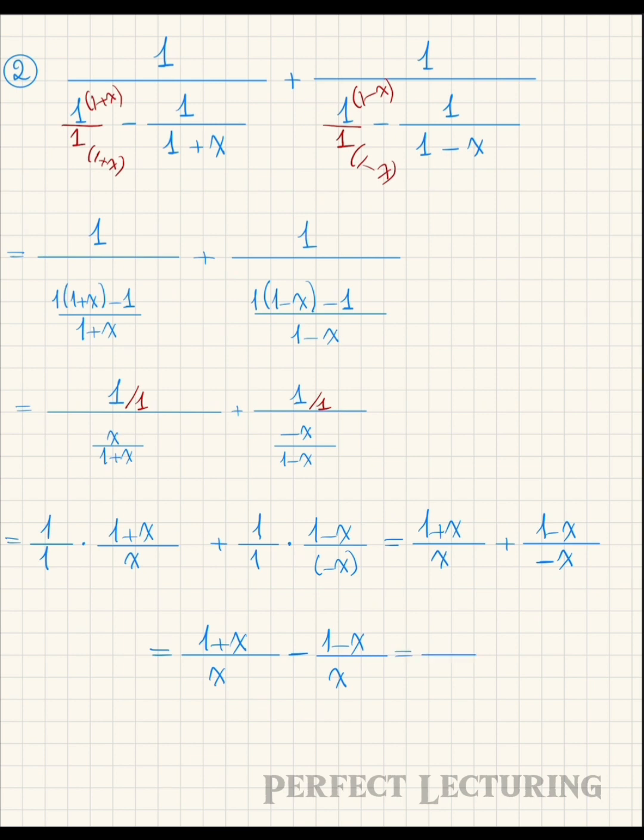So this becomes 1 plus x minus, do not forget the parentheses here, because I have to distribute the minus, so I need the parentheses, over x. And finally, the answer becomes 2x over 2, which is equal to 2. And this is how we simplify complex fractions.